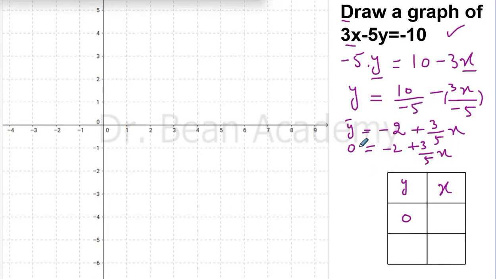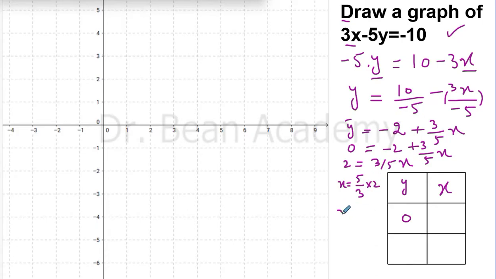So now this 2 will shift to the other side. It will become 2 equals 3 over 5x. And what do you think will be the value of x? This 3 over 5 will become 5 over 3 multiplied by 2.